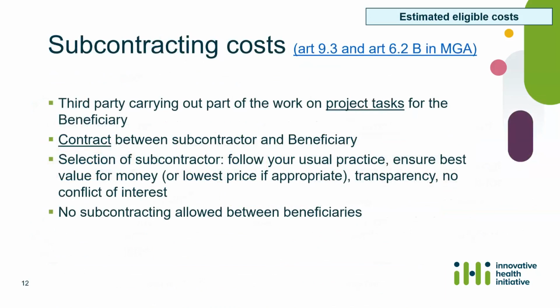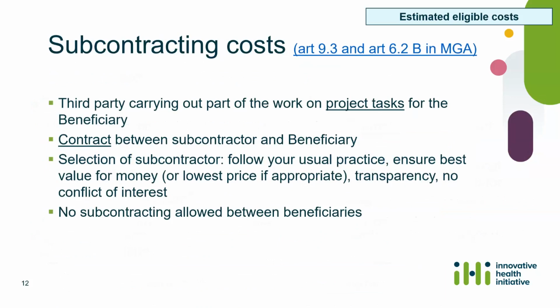So the second category are the subcontracting costs. So that's when you have a third party that carries out some work on project tasks for the beneficiary. For this, you need to have clearly a contract between the beneficiary and the subcontractor.